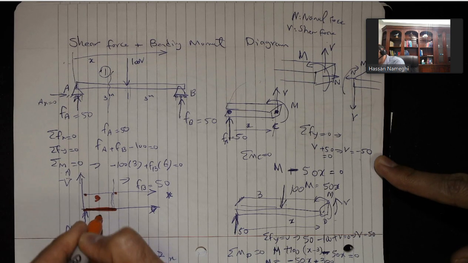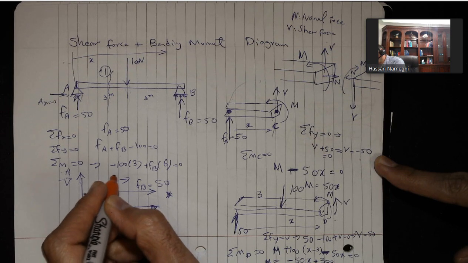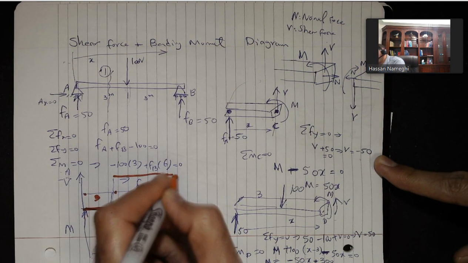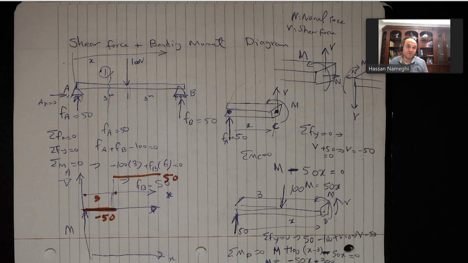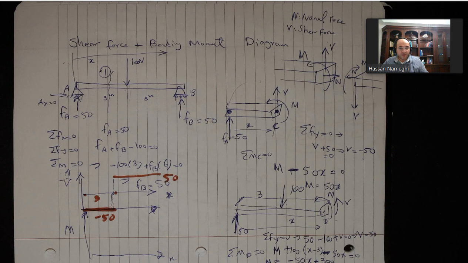This is minus 50. And from this point on to here was 50. So the only thing, the sign changed, right? Because on one side your shearing force is up there, the other side shearing force is down. The amount of it remains as 50.